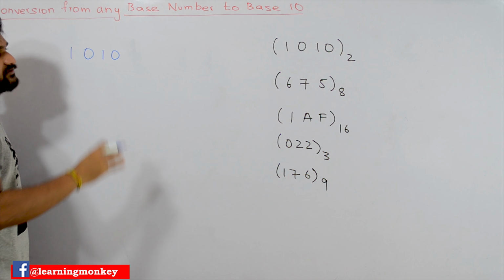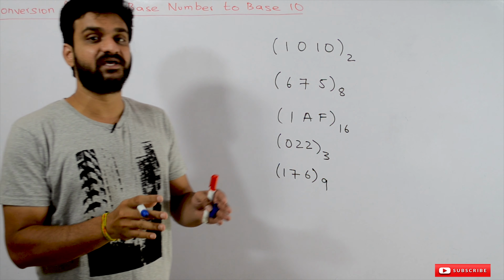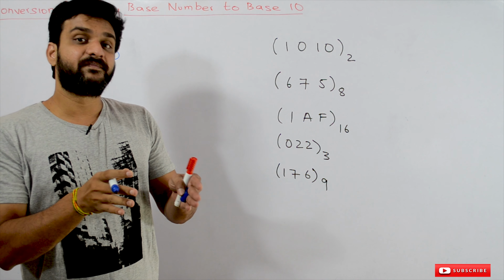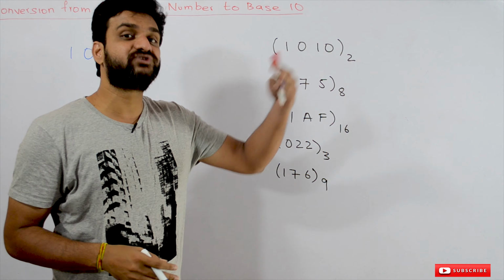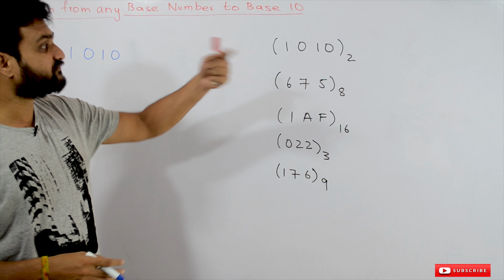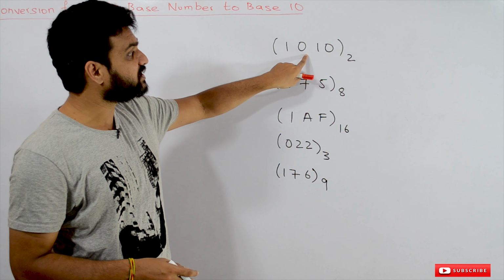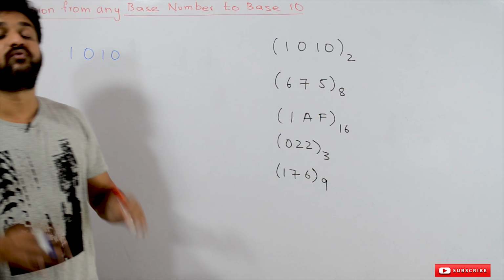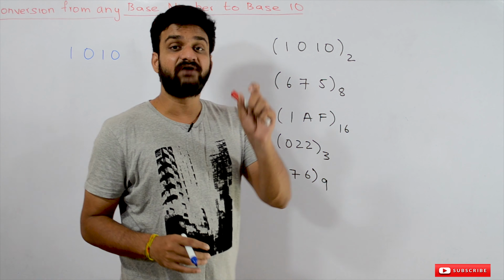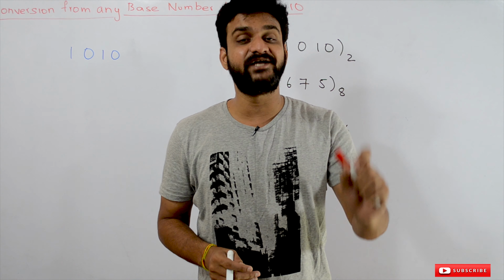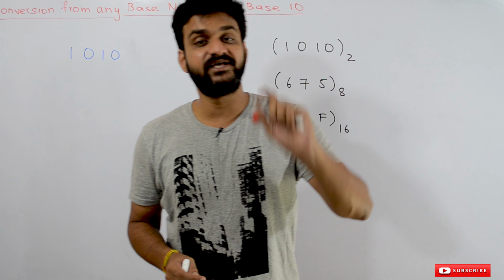In order to convert a number in another base to decimal number system, or as we have covered already for a binary number to decimal number system, what we have to do is sum the positional weights of each and every digit.